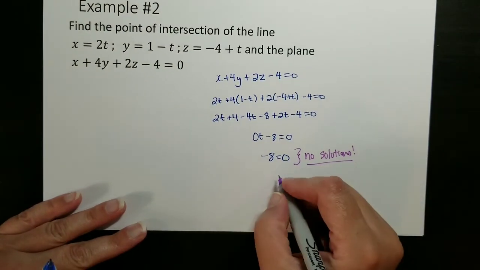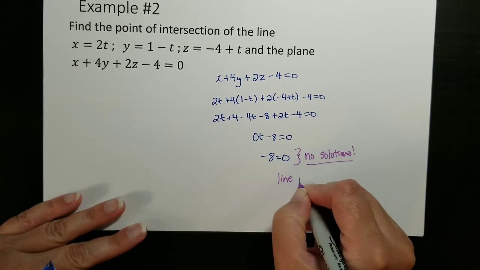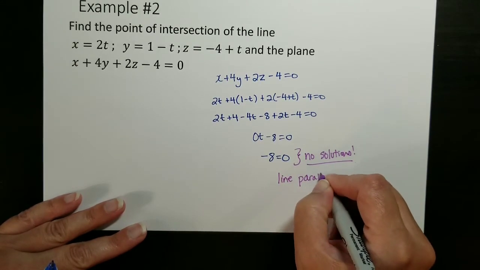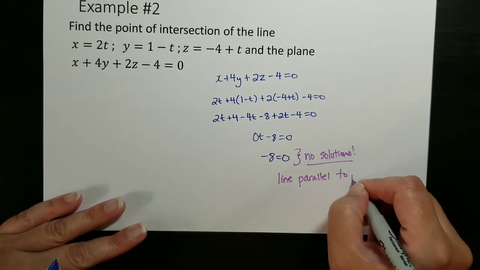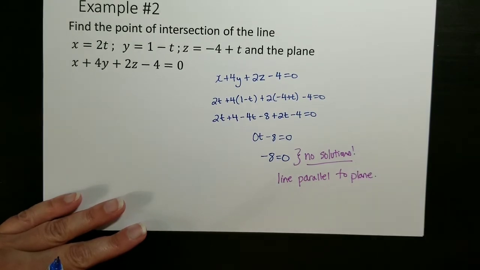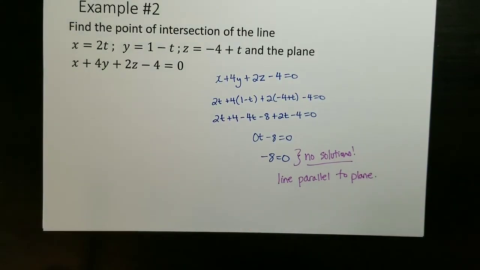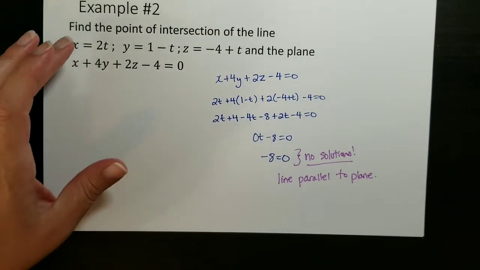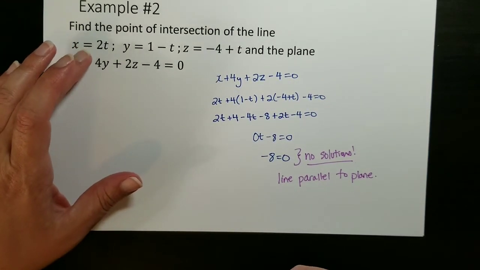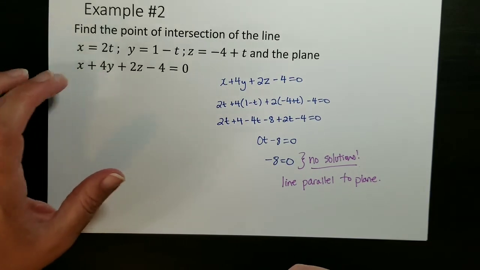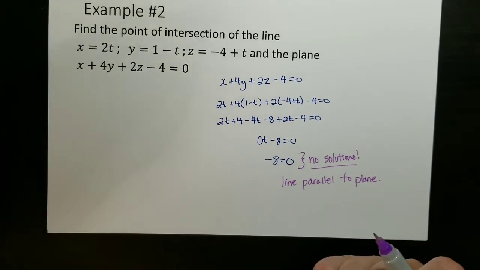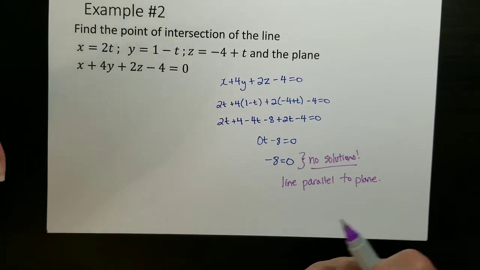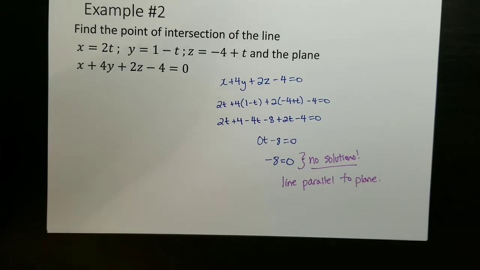So that means the line is parallel to the plane. Okay, so you can, in fact, check. The way you would check to see if a line was parallel to the plane is to take the direction vector of the line and the normal vector and do the dot product of those two and see if they were perpendicular.